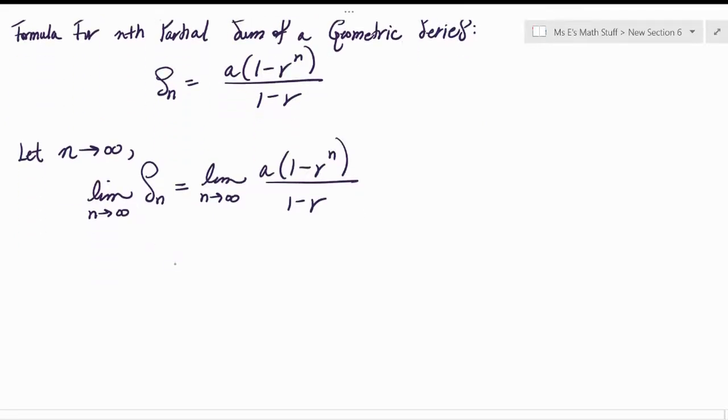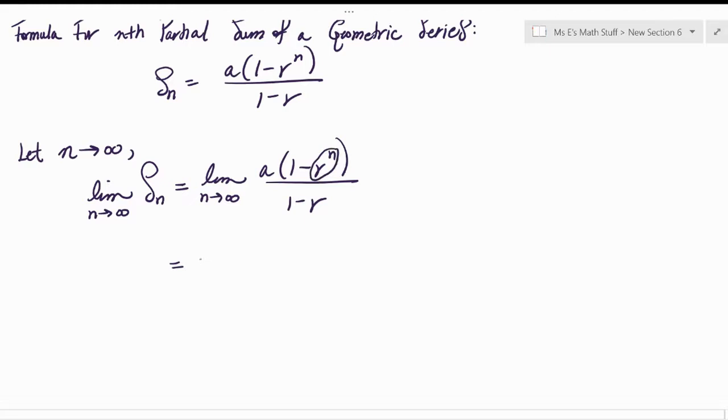On this side of the equation, there's really only one part that has n in it at all. So I'm going to move the limit expression right next to the expression that has n in it.